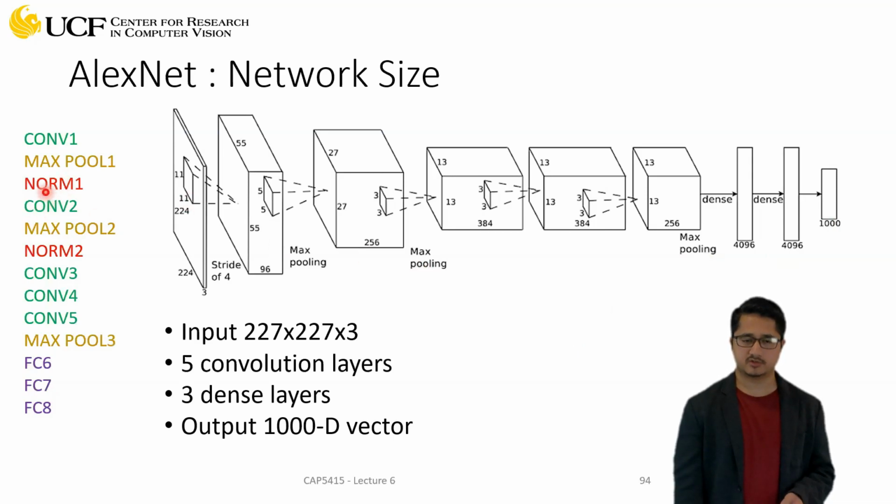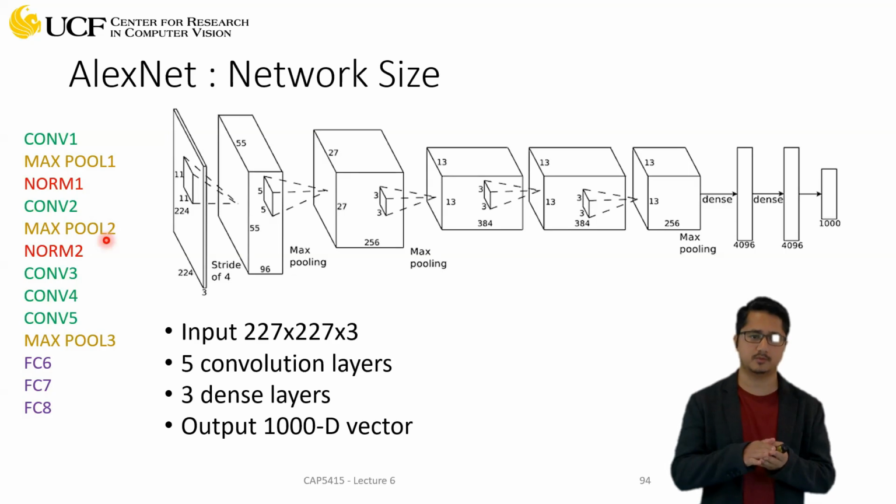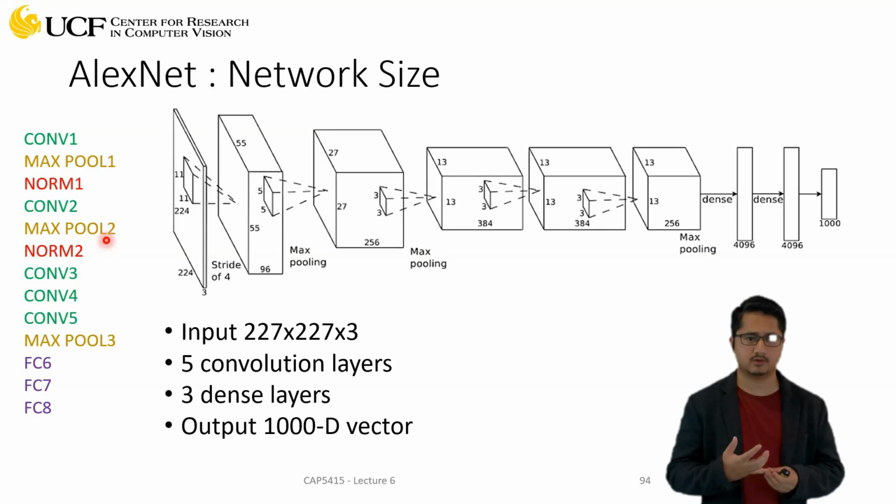And these are just the terminologies which we used. So green is for convolution layers here. You can see we have 5 different convolution layers. And this orange one is the max pooling layer. We have already studied what the max pooling operation is. We also had norm layers. So this was a different kind of normalization. It was performed to limit the values of the activations. So we don't use this kind of normalization anymore.